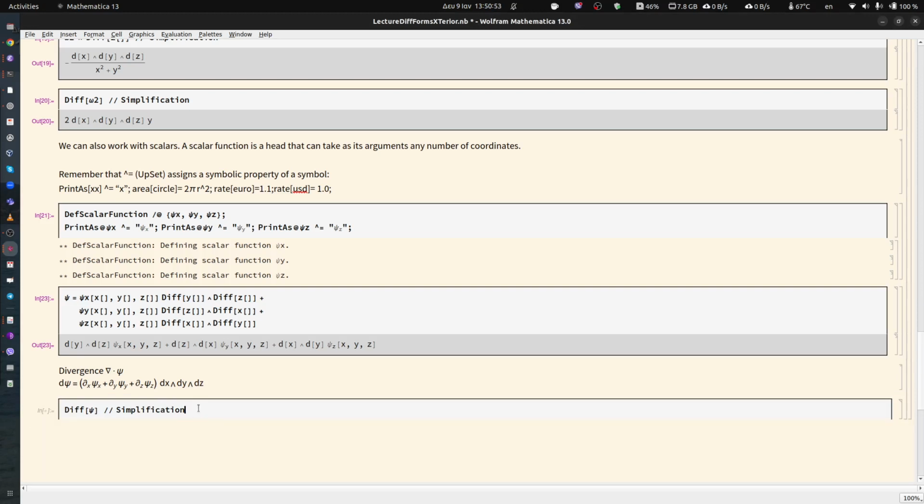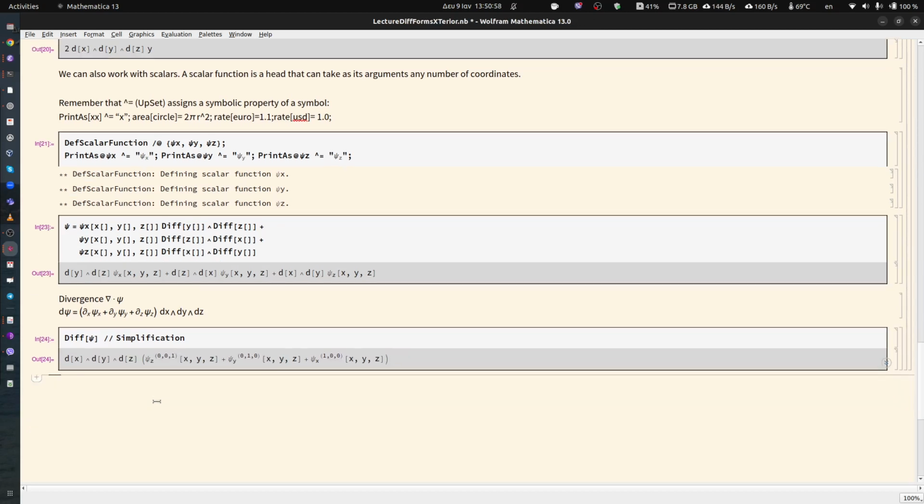So we compute the derivative of psi, simplified, and indeed you see that we have the 3-form dx dy dz, multiplied by the derivative of psi z with respect to its third argument, which is the derivative with respect to z, plus the derivative of psi y with respect to its second argument, which is the derivative with respect to y, and the derivative of psi x with respect to x. And that is nothing but the divergence of psi.